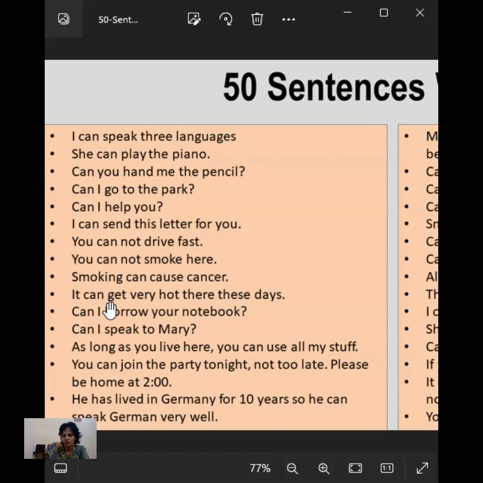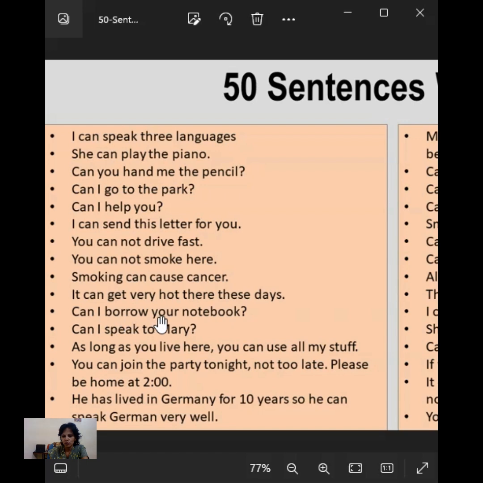So this person is saying it can get very hot there these days, chances of getting more hot due to weather and all. It depends upon where that place is. It may be hot even in winter, and there will be more heat during the hot summer seasons.